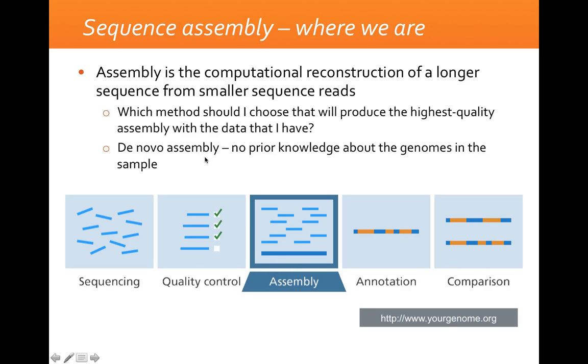De novo assembly is the most common method to do it. So that is when you try to put together these sequence reads without really knowing how it should look like in the end. There's also a possibility to use a reference as a map to put certain parts of a genome, if it's a genome you're working with, in the correct order.